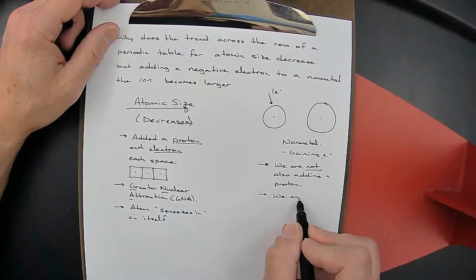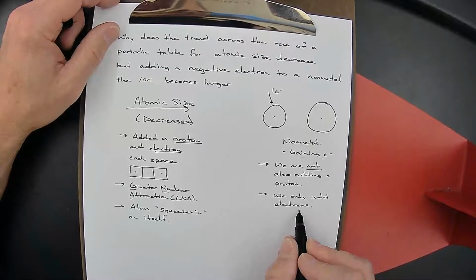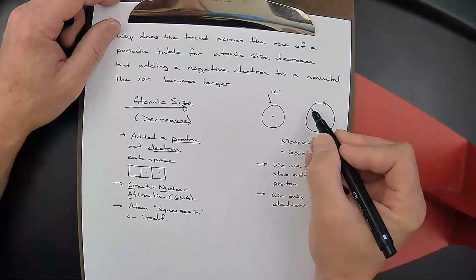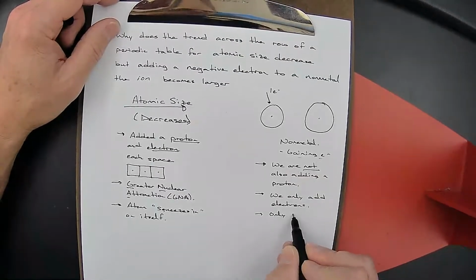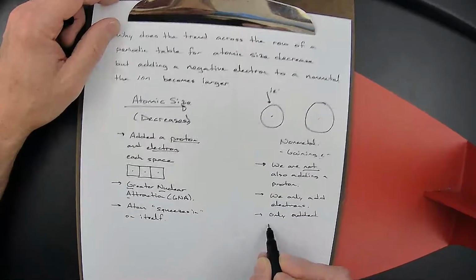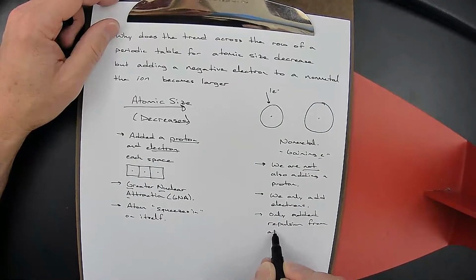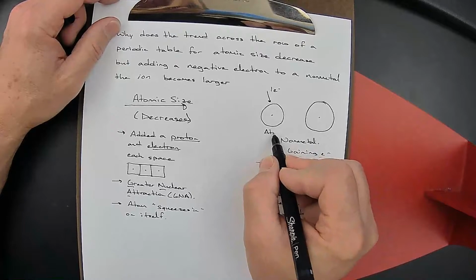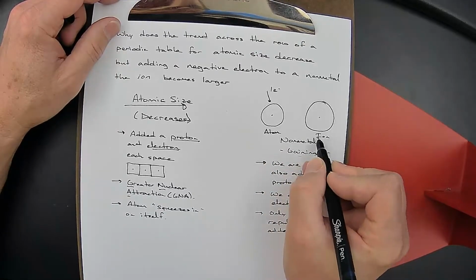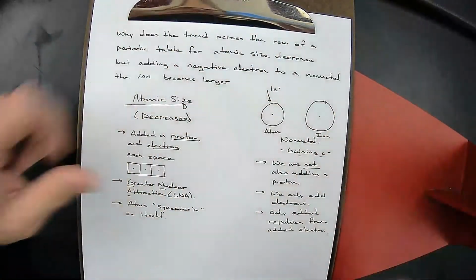We only add electrons. Because we are only adding electrons, there's not a greater pull towards the nucleus, and there is only added repulsion from the added electron. And because of that, when a non-metal atom gains an electron, turning into a negative ion, the ion expands and gets bigger.